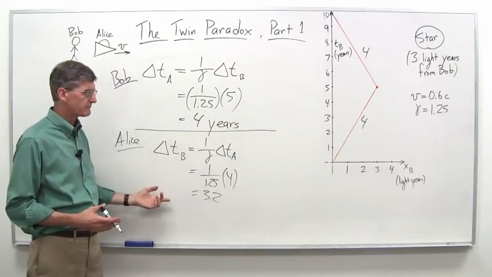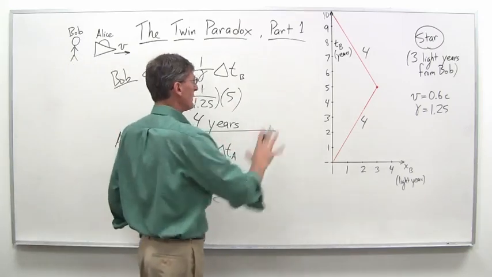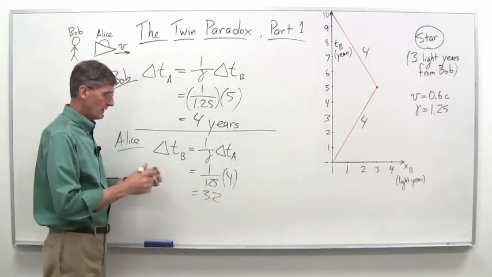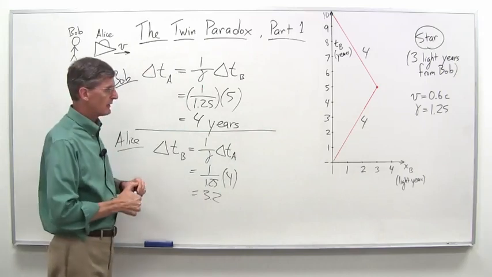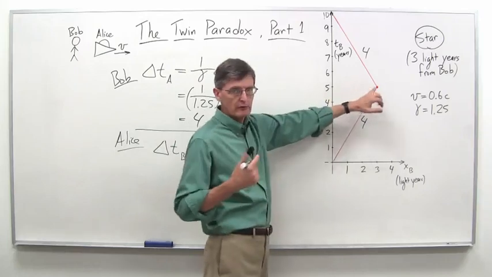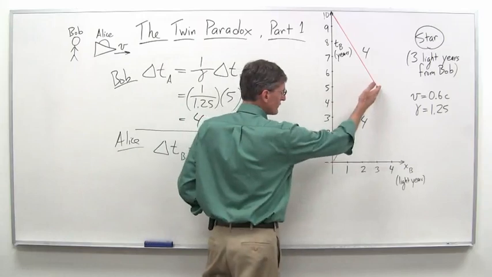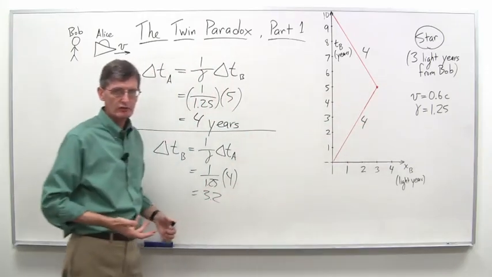Now, one other thing to mention here, because often when you read about the twin paradox and sometimes even think about it a little bit, you'll often come to the point that, well, there's a real problem here because for Alice to get to the star, she has to change direction.